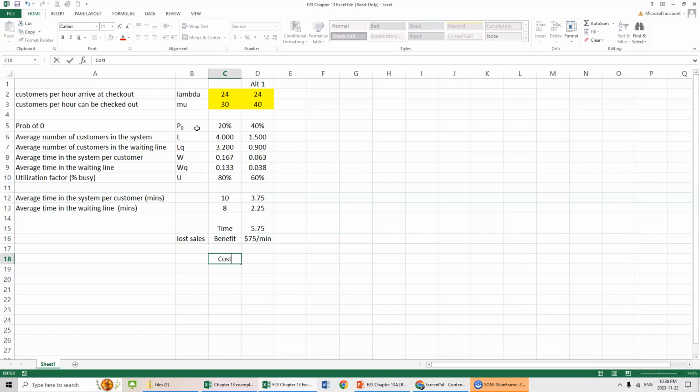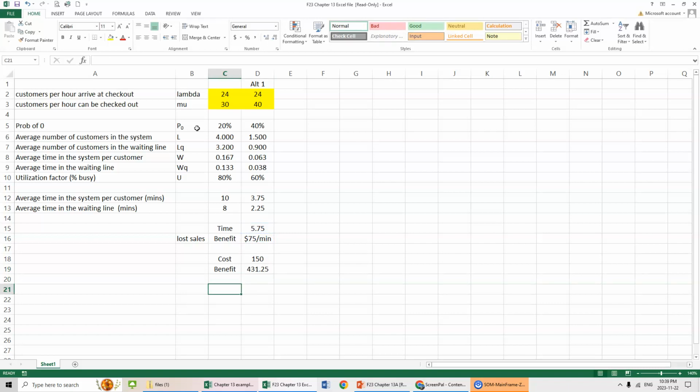It does come at a cost. The new employee is hired at $150 per week. So we can take the benefit of $75 times the overall savings, and we will get a benefit of $431.25.